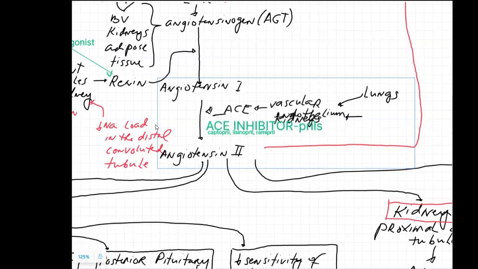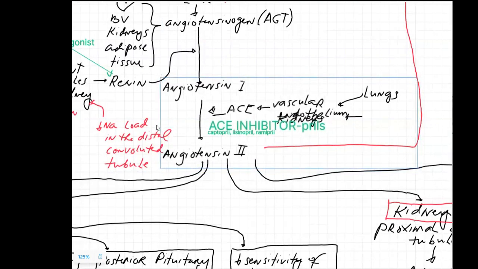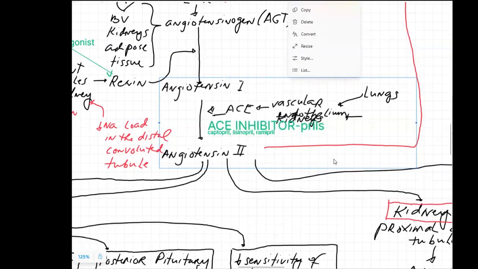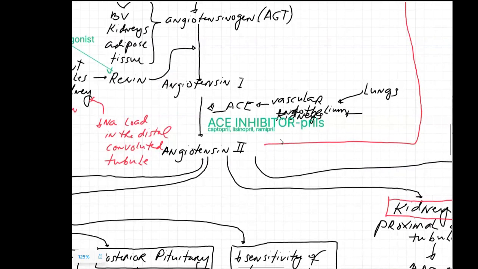So because it happens in the lungs, a side effect of ACE inhibitors is dry cough. And ACE inhibitors end with prils, such as captopril, lisinopril, ramipril, and any other prils. So that is a first go-to drug.